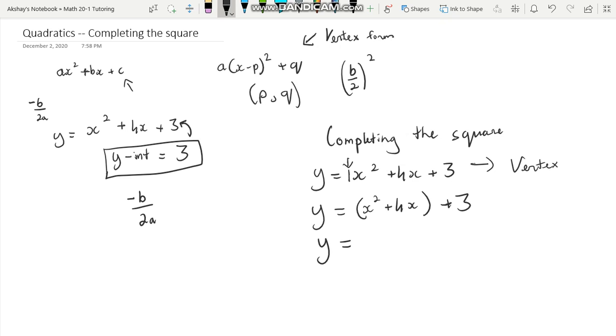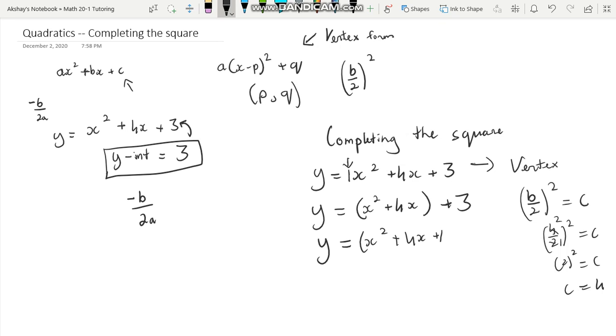The next thing I would do is use my formula b over 2 squared to try and find my c value, or my last term here. In this case, my b is 4, so I have 4 divided by 2 squared, which is equal to c. So I have 2 squared, because 4 divided by 2 is 2, so c is equal to 4. Now I know my third term, which is 4, so I can put in my third term.